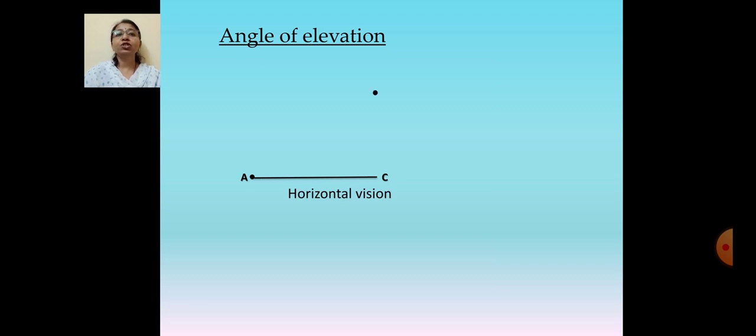Suppose the object is at higher level and when the observer looks at that object B, then the line segment AB is known as line of vision, and the angle made by this line of vision with the horizontal vision, this angle is called angle of elevation.